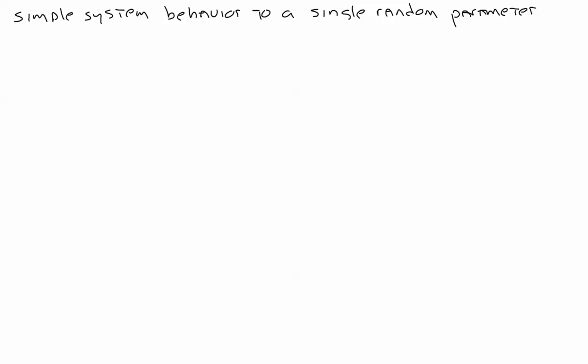All right, that's what we're going to look at next. We're going to look at a simple system behavior due to a single random parameter. In particular, what we're going to look at is a voltage divider. Okay, so this is my voltage divider.